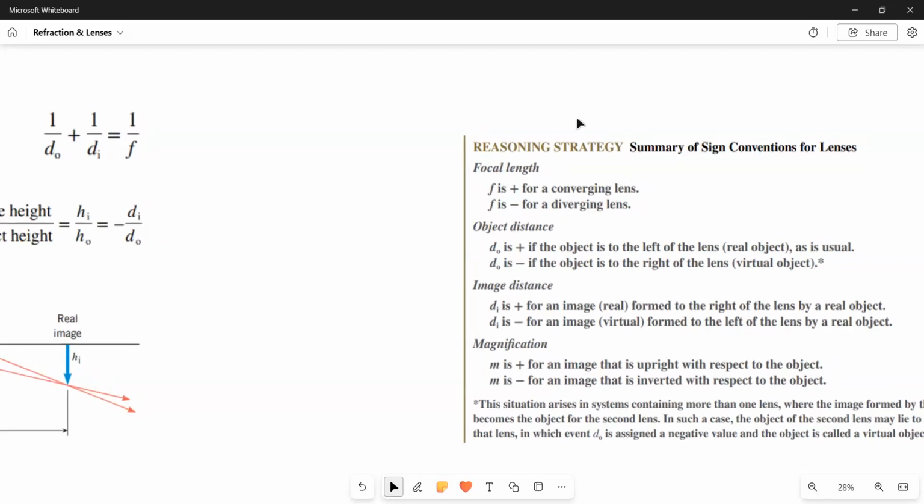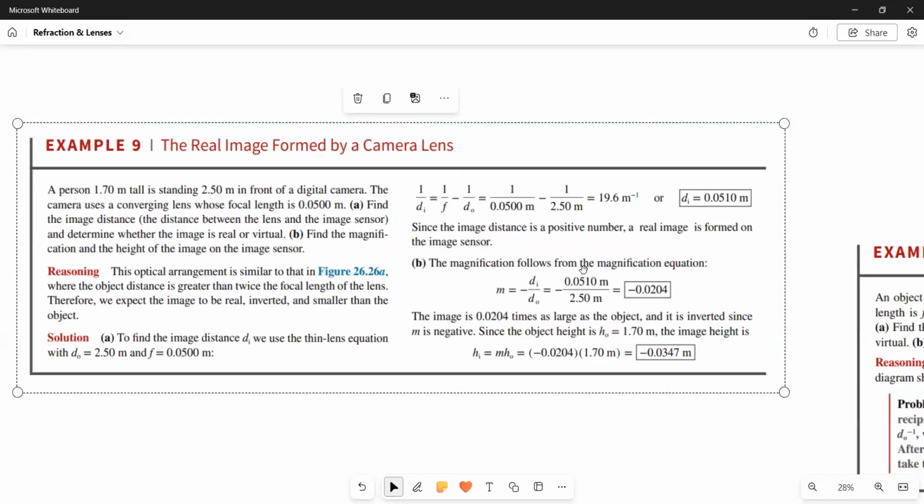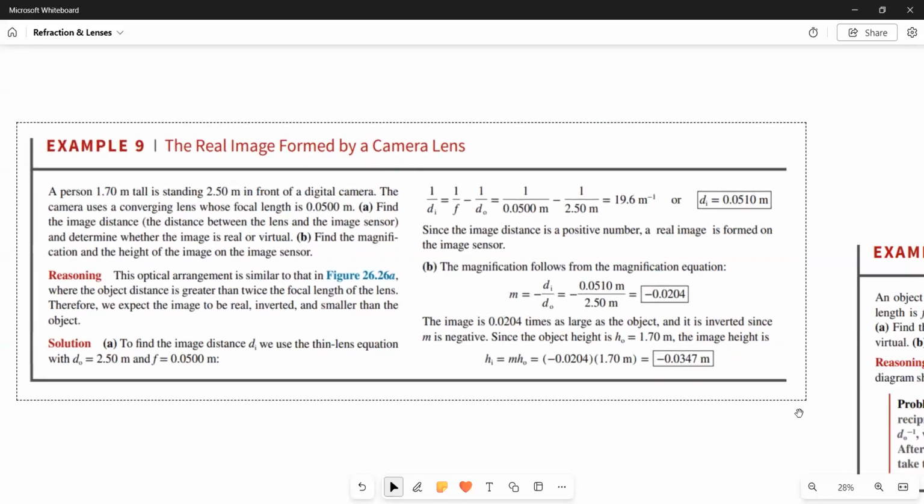I think I have an example. All right, look at this one. So let's take this one. This is a converging lens. Cameras usually have converging lenses inside. They're telling you a person is 1.7 meters tall, standing 2.5 meters in front of a digital camera. The camera uses a converging lens whose focal length is 0.05 meters.